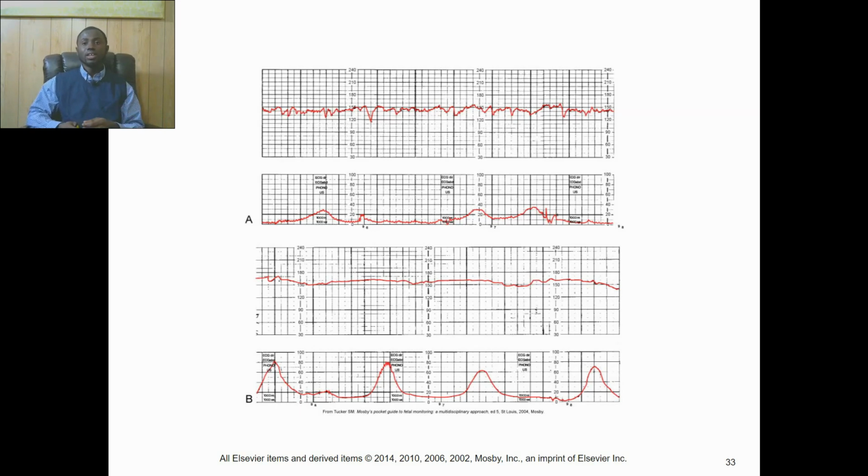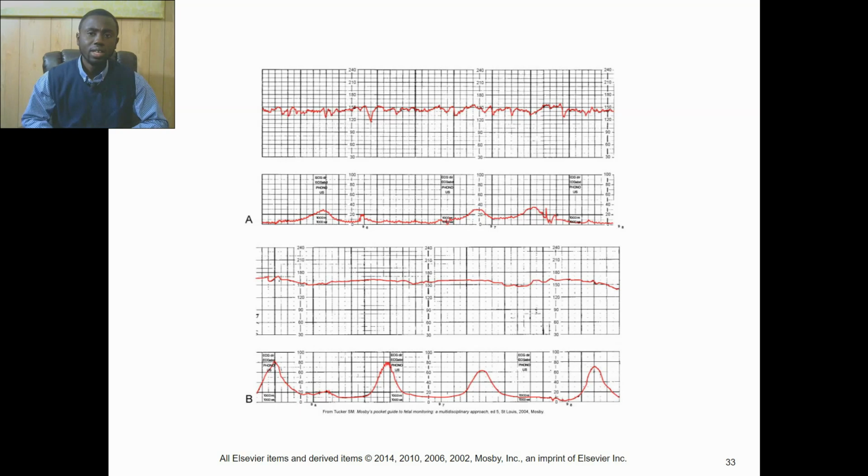And usually this warrants hospital admission for further evaluation or for continuous monitoring and evaluation for the possibility of delivery of the fetus, if they have reached the gestational stage where they can be successfully delivered for them to survive out of the intrauterine environment.